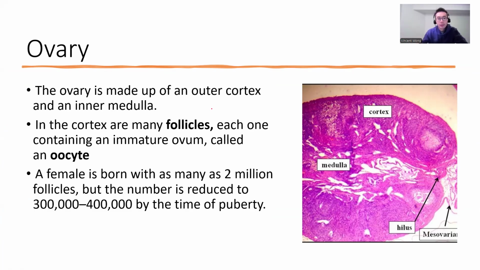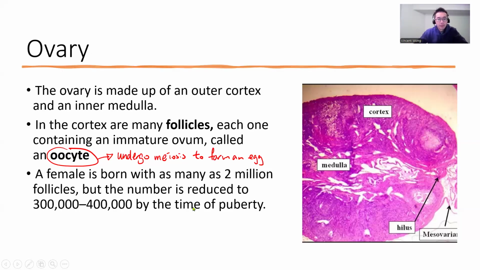So the follicle contains an immature ovum called the oocyte. We learned about oocyte last semester. These are cells that will undergo meiosis to form an egg. So there are many follicles in the cortex, and a female is born with all the follicles that they're ever going to have in their entire lives.